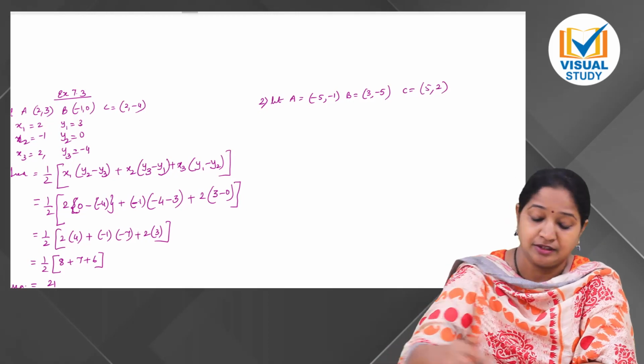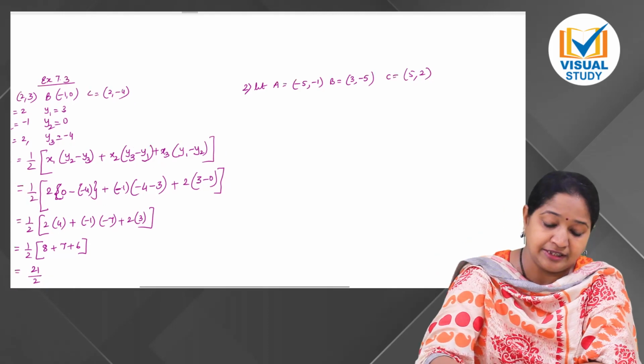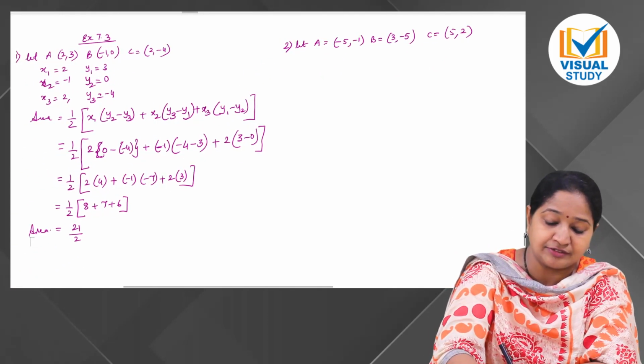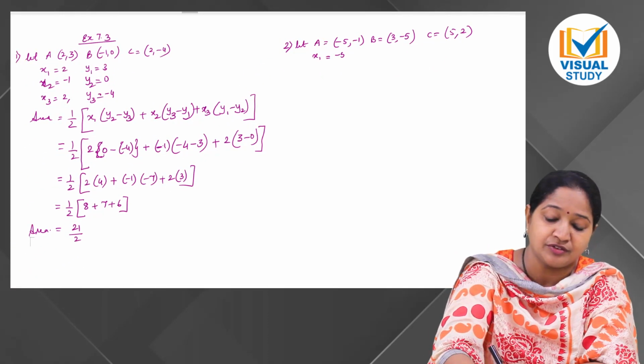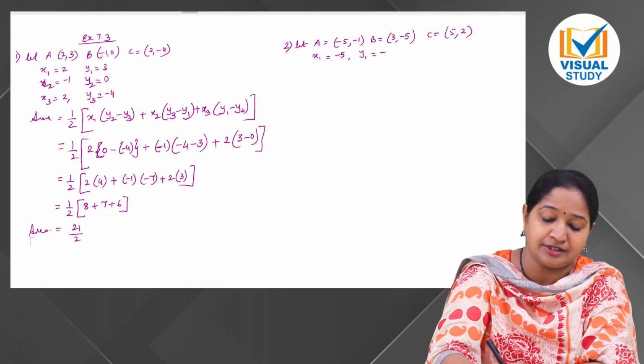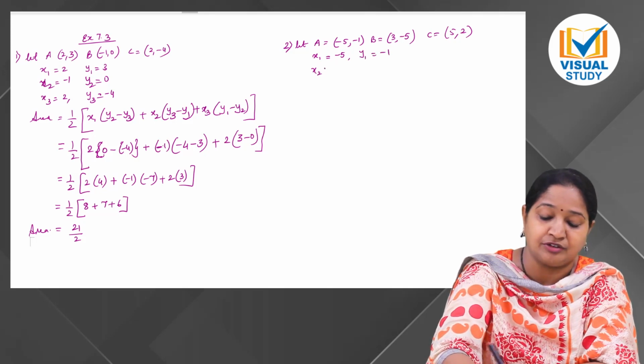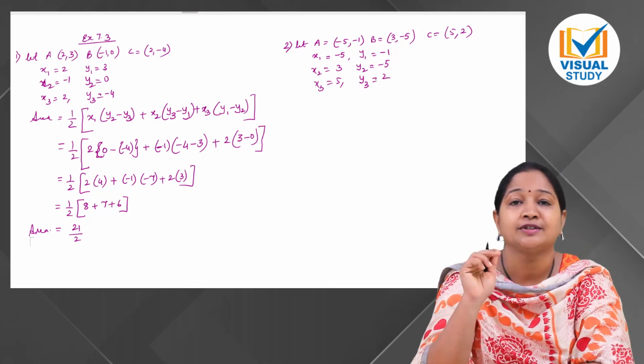Okay. Again write the same thing. x1 is equal to minus 5. y1 is equal to minus 1. x2 is equal to 3. y2 is equal to minus 5. x3 is equal to 5. y3 is equal to 2.